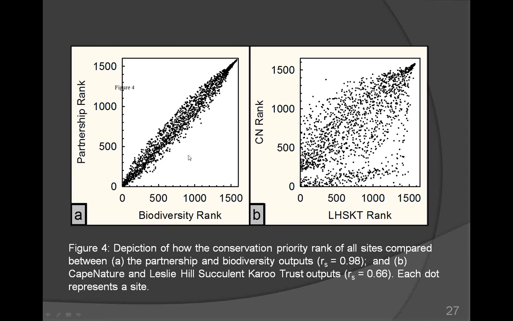These are data from the South African case study. Long story short, the slide on the right shows the amount of disagreement between two different stakeholder groups. One was a state agency, one was a land trust. And then after doing this exercise, there's a lot higher degree of agreement in their rank of the importance of the different sites.